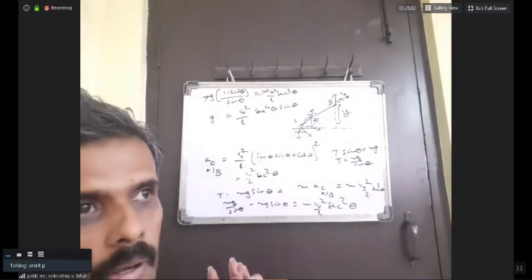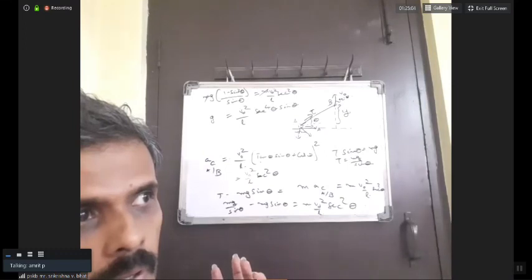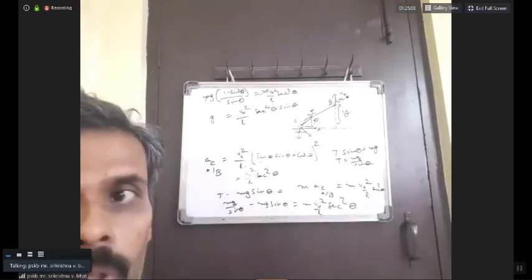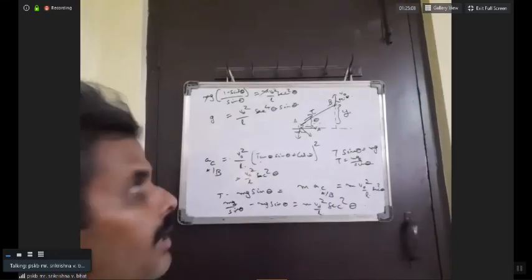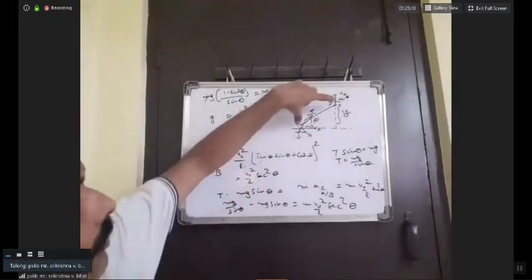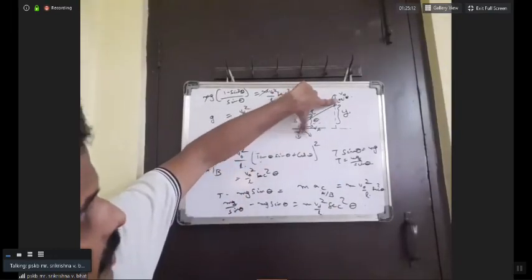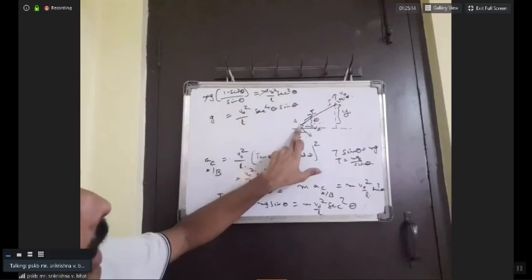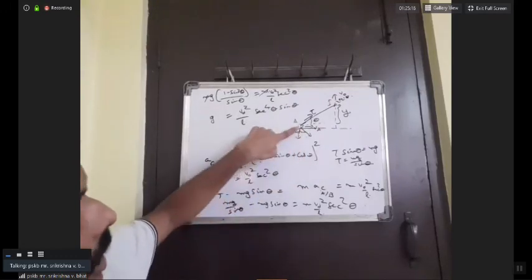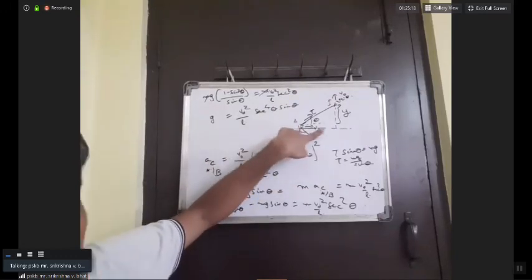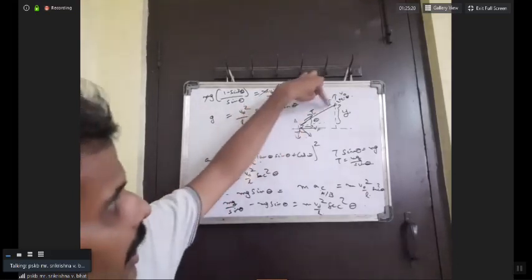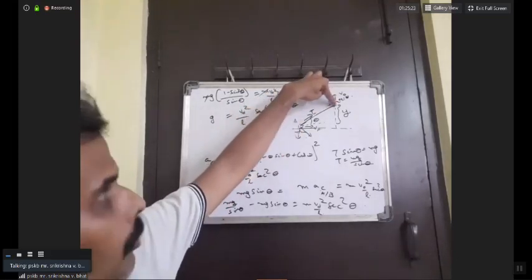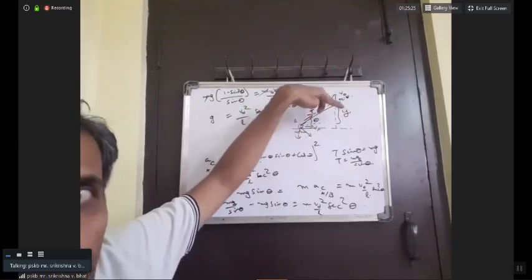Isn't acceleration of A with respect to B same as acceleration of A, sir? Because B has no acceleration. In this reference frame, you can say that A will have an acceleration directed towards this point, a centripetal acceleration, as it is moving in a circular path.